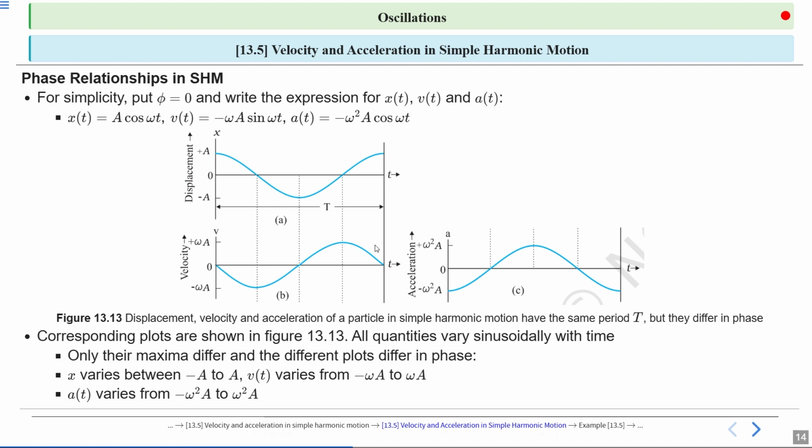And acceleration a of t varies from minus omega square A to plus omega square A. This means the maximum acceleration depends on both the square of the angular frequency and the amplitude. For instance, if omega is 2 radians per second and A is 0.1 meters, the maximum acceleration is 0.4 meters per second squared.